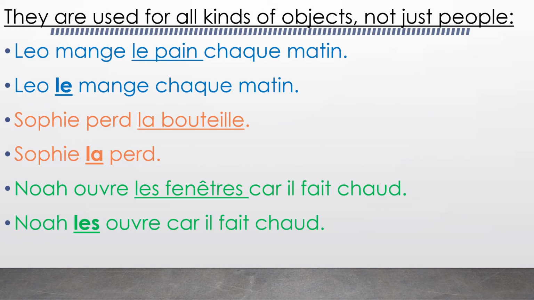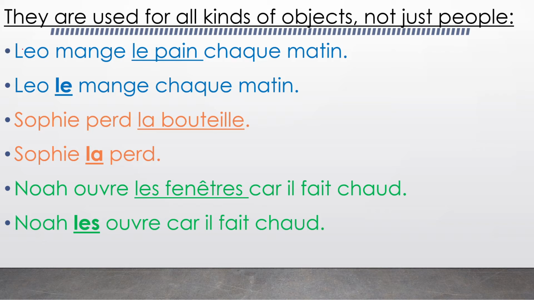Now, you need to understand that in the examples I've given you, I've just used names of people. Now, direct objects are not only used for people. They are used for all kinds of objects. Whatever the object may be in a sentence, it can be replaced with the direct object. So look at this sentence. Leo mange le pain chaque matin.